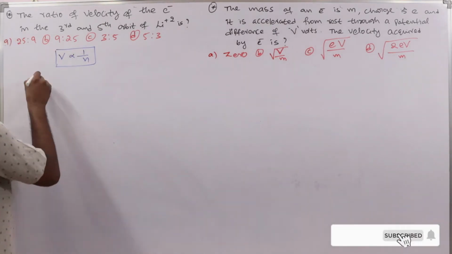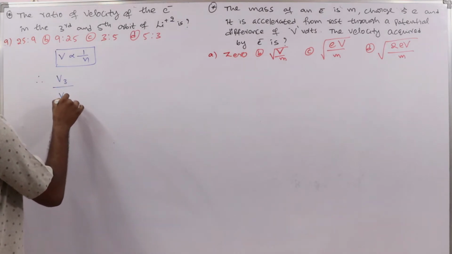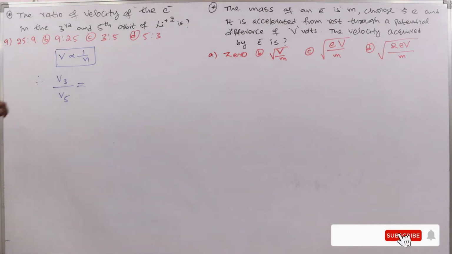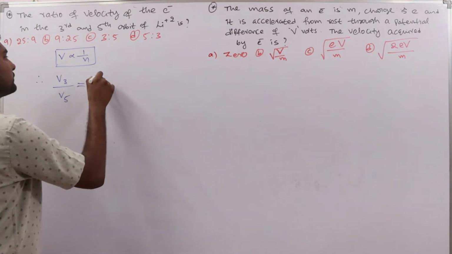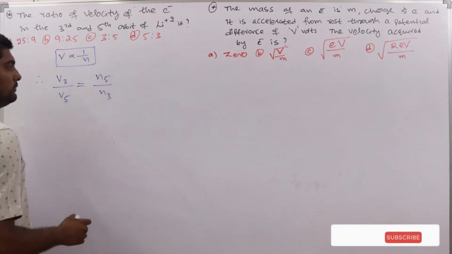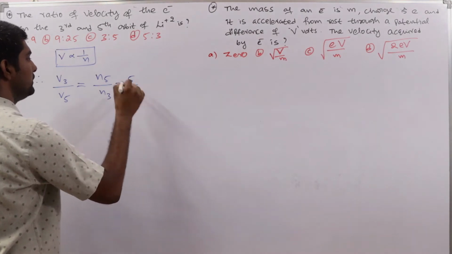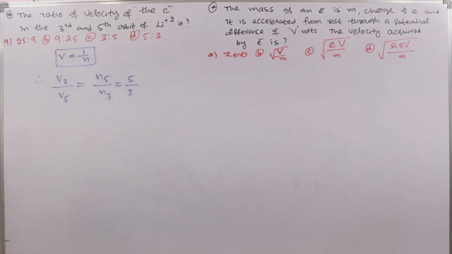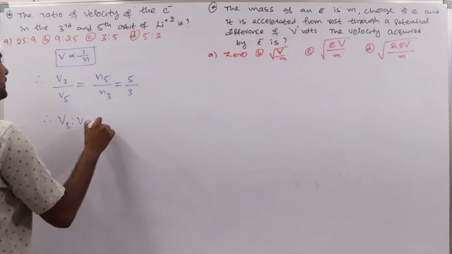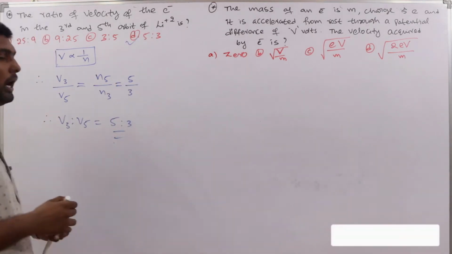Therefore, V3 by V5 is equal to n5 by n3, which is nothing but 5 by 3. So what is the ratio? V3 is to V5 is equal to 5 is to 3. So option D is the answer.